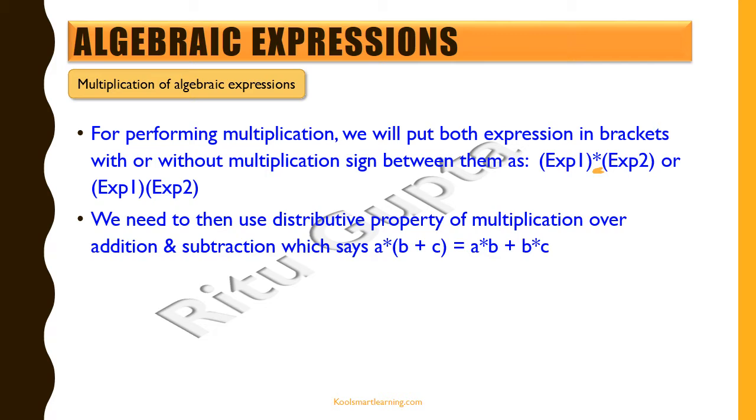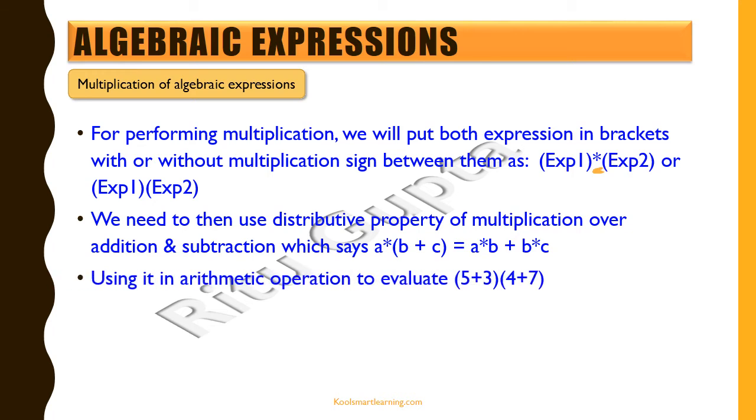We need to then use the distributive property of multiplication over addition and subtraction, which says a multiplied by within brackets b plus c is equal to a multiplied by b plus a multiplied by c. So we're going to use this distributive property of multiplication over addition and subtraction to get the final product. Let's see how we'll do that.